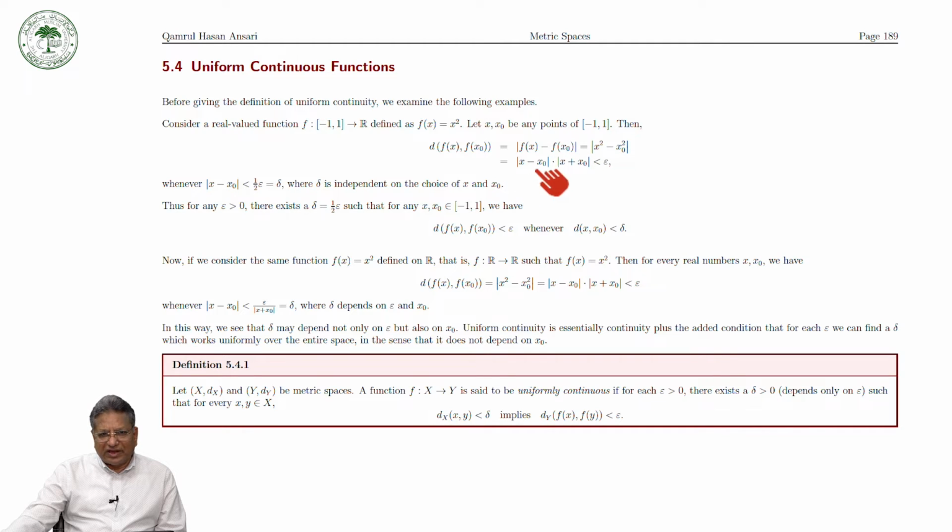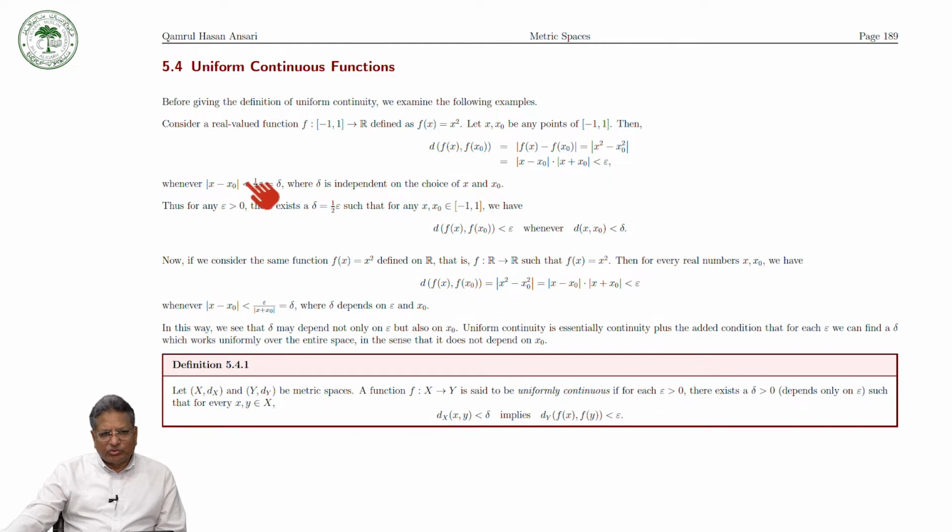So we can say that this term is less than epsilon whenever mod of x minus x naught is less than 1 over 2 epsilon.